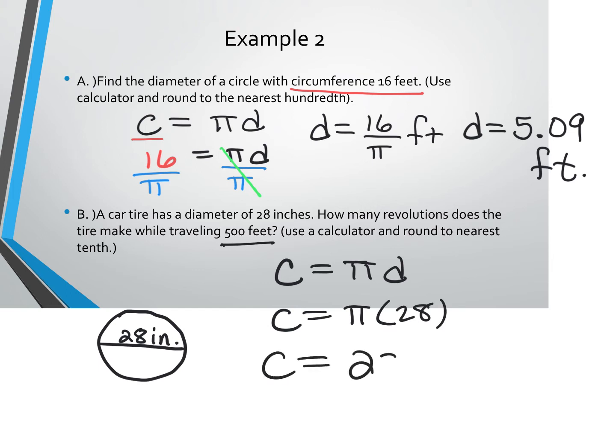So the circumference left in terms of pi is 28 pi. And these are inches. Now, notice it wants to know how many revolutions when it travels 500 feet. I need to convert these to feet.